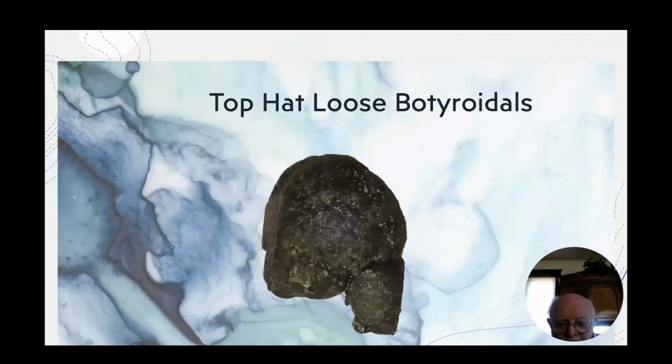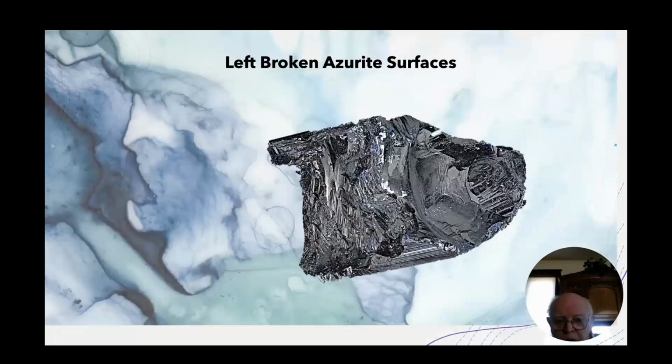After the epoxy was removed, two conjoined botryoidals were found. The lower one formed first and then the upper one, and it reached the tip of the original azurite crystal. After cleaning, the left broken azurite piece from the top hat showed two areas of interest.